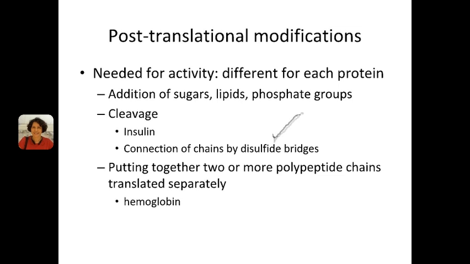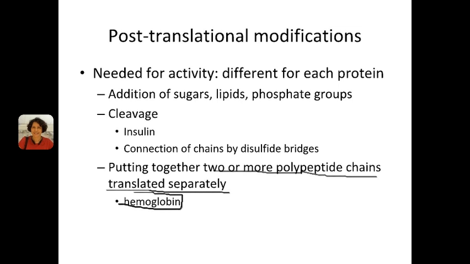Another thing that can happen to proteins is that they may have quaternary structure, in which you have more than one polypeptide chain for a protein. In other words, two or more polypeptide chains come together from genes that were translated separately. And hemoglobin is an example of that.